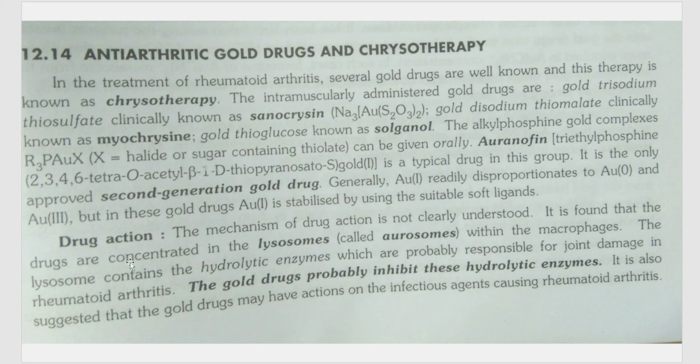The exact mechanism of how these gold drugs act against arthritis is not known, but it is understood that once administered into the body, they are concentrated in the lysosomes present in the cells. Lysosomes contain hydrolytic enzymes which are responsible for the joint damage in arthritis. The gold drug that has gone into the lysosomes inhibits these hydrolytic enzymes, making sure they cannot function, and that's how it helps to treat arthritis.